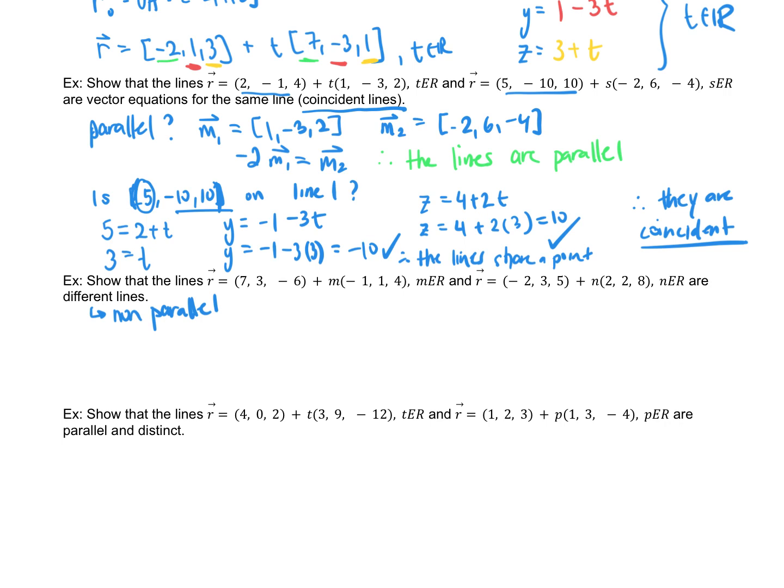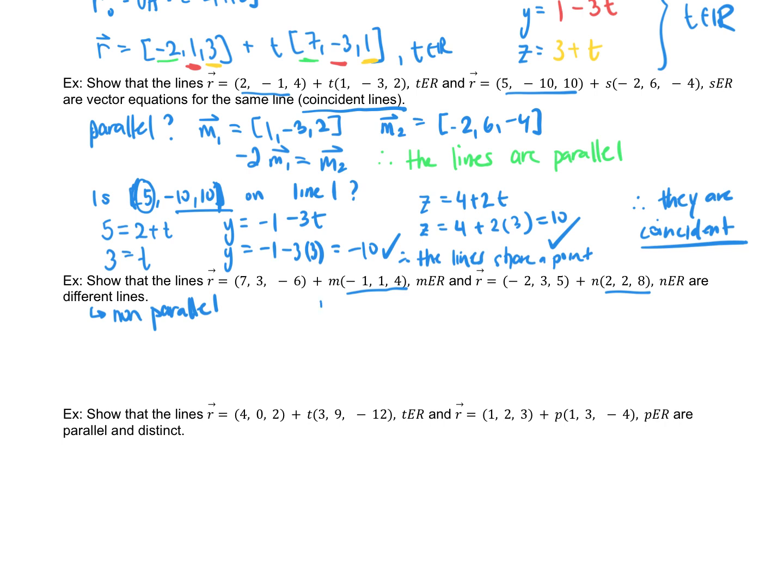So to do that, we just have to look at our direction vectors. Can I write this direction vector and this direction vector as some sort of scalar multiple? And I cannot, because I notice for the first direction vector, x is negative and everything else is positive, whereas for the second direction vector, everything is positive.